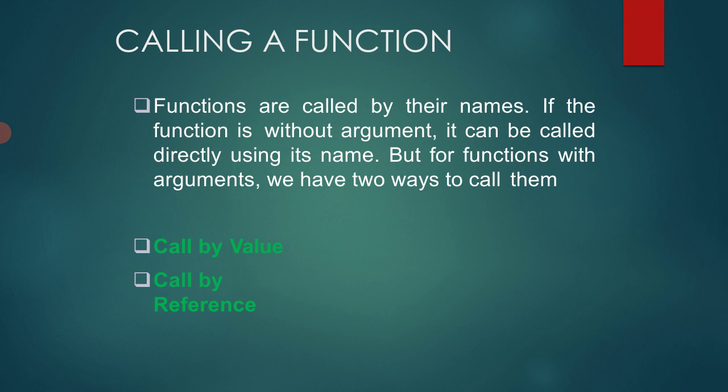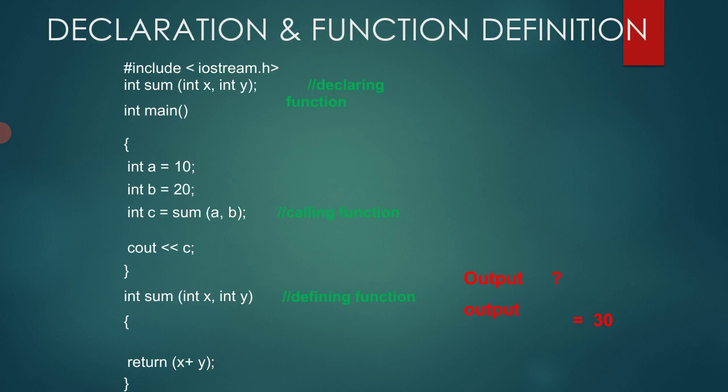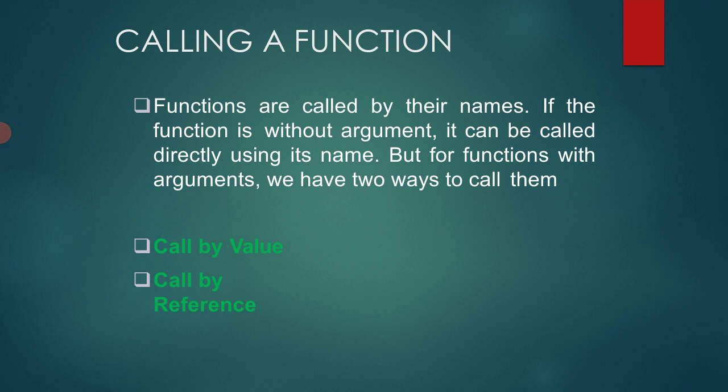Next, how we can write a program to make use of a function and how we can call a function. After that we studied a small topic, calling a function, where we studied two ways to call a function, call by value and call by reference. So that was all about functions. Now we have to start with the next topic of C++.